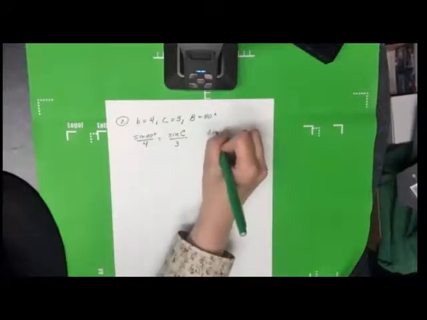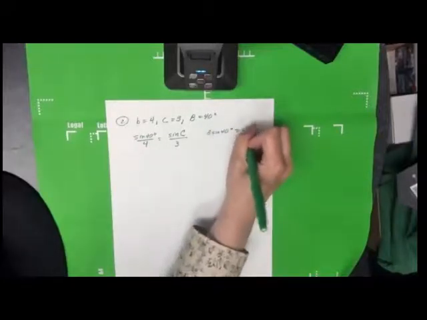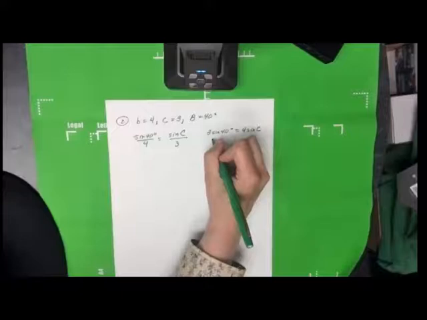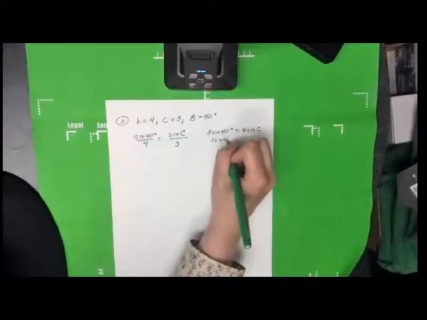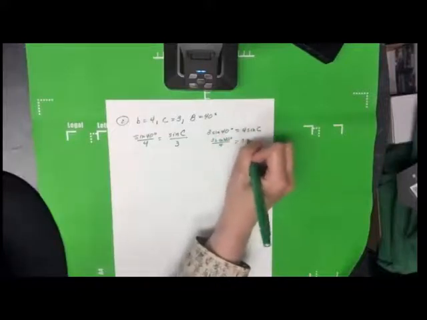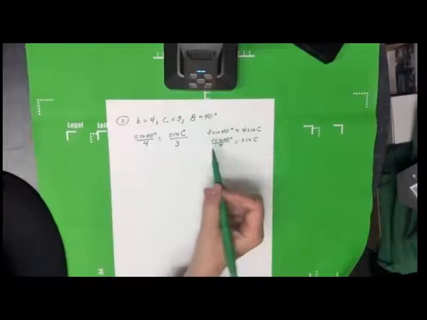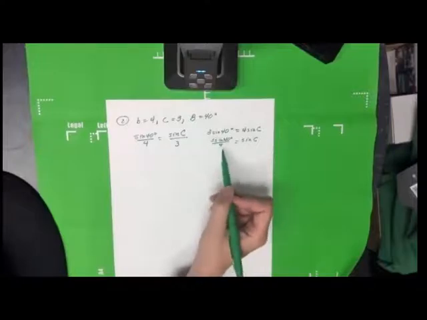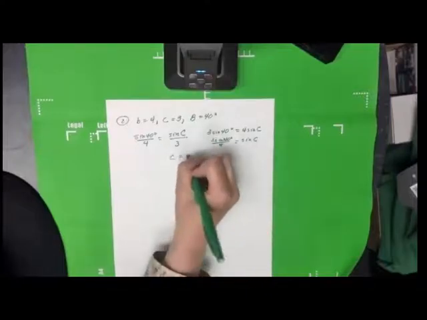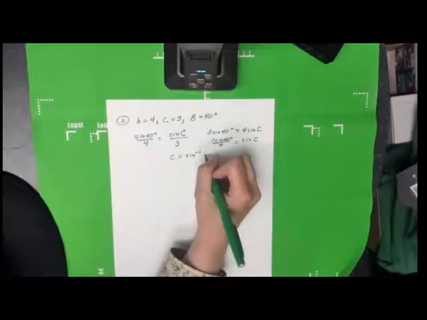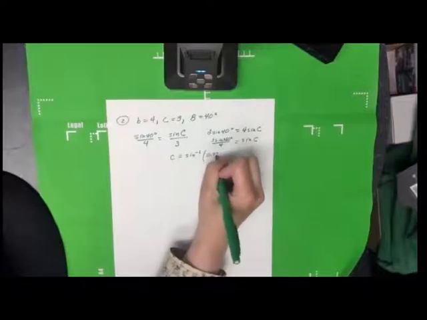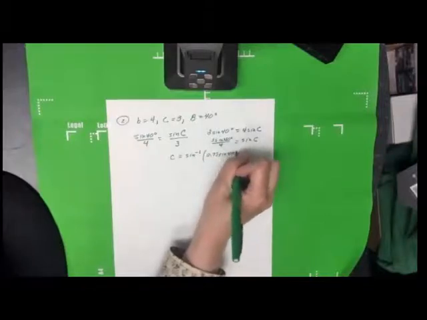So I have 3 sine of 40 equals 4 sine of C, or that is 3 sine of 40 over 4 is sine of C. Probably easier to just put 0.75 times sine of 40 in your calculator. But anyway, C would then be the inverse sine of all that. I'll just write 0.75 sine of 40. You can do what you want on that.